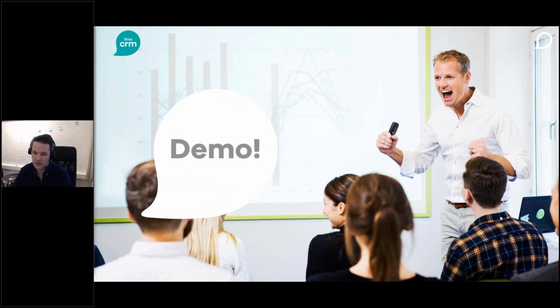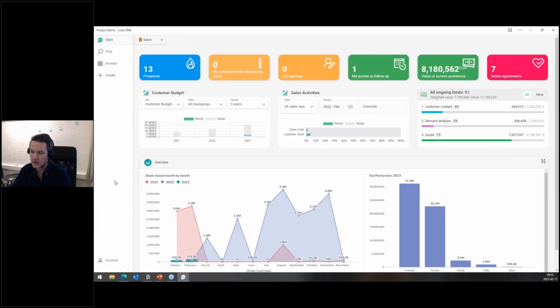So I'm logging in to Lime CRM again, of course, using it as an app that I just saved and installed on my computer. And what you will see when using multiple start pages is that we have a very convenient drop down in the top of the start page, where you simply can switch between the start page that you are interested in.